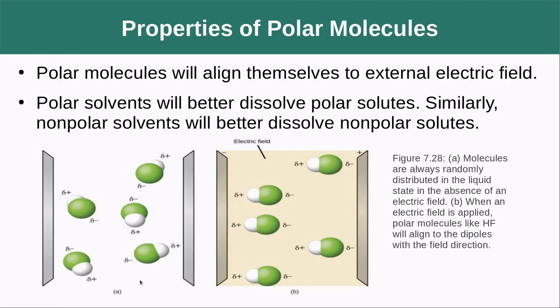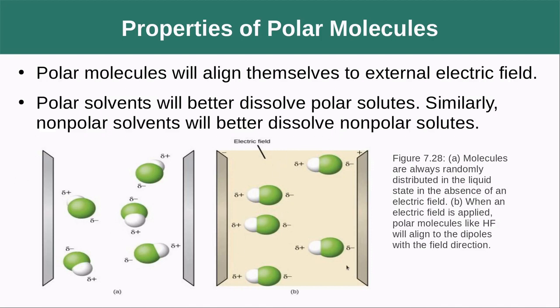Here we can picture this electric field thing. We have these molecules floating around, arranging themselves in any old way, whichever way they feel like at any moment. They're moving, and these arrangements are changing all the time.